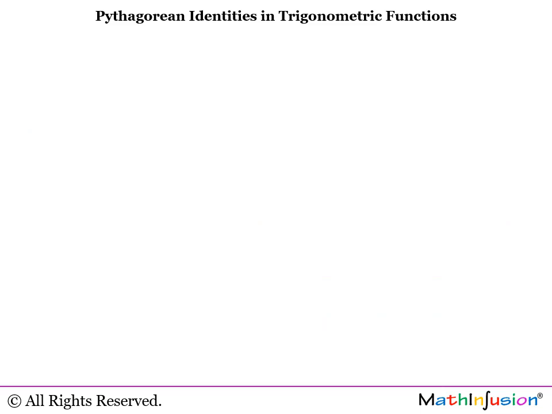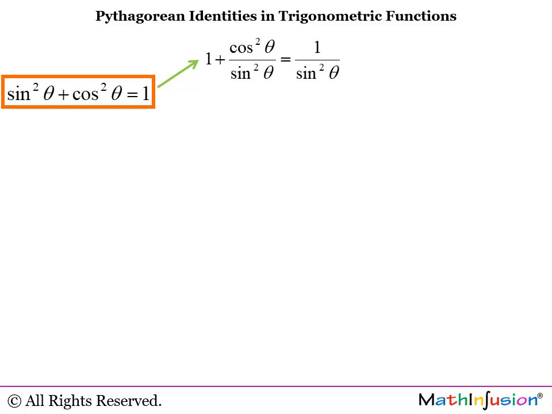We first are going to review some Pythagorean identities in trigonometric functions. The most important one, and you really should remember this, is sine squared theta plus cosine squared theta equals 1. Now I can get other ones.